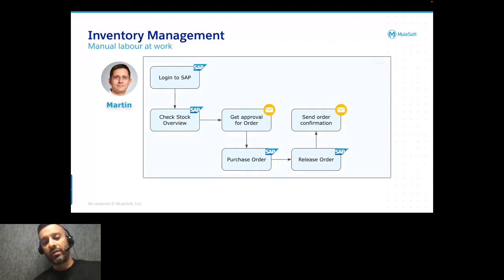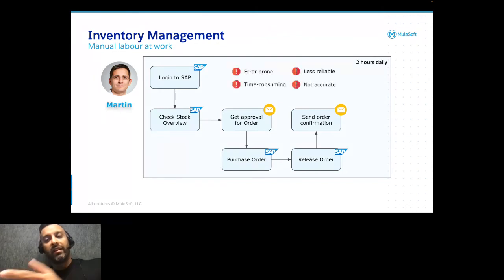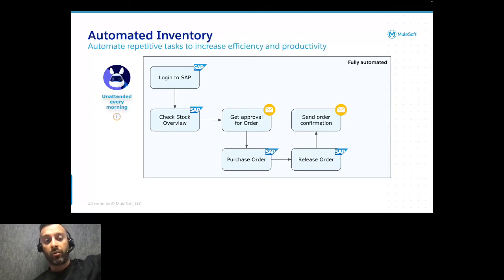But I have put the example together where he works on this 2 hours on a daily basis. It's a time-consuming, not very accurate process. Sometimes he also makes mistakes on the purchase order. However, this can be automated. Again, you see here the bot, but it is really including the MuleSoft automation solution.